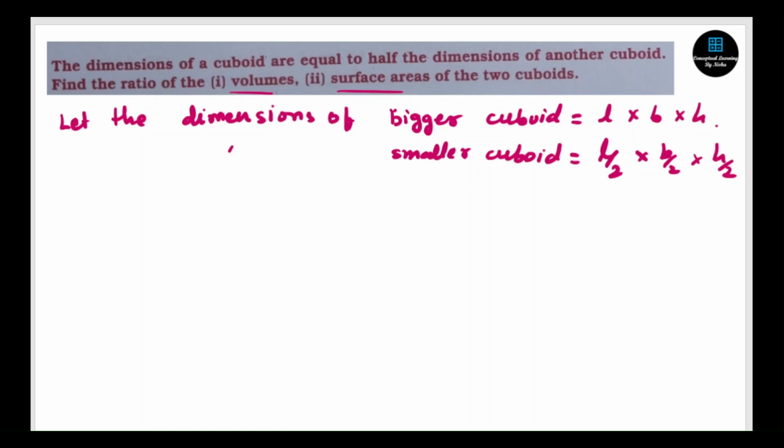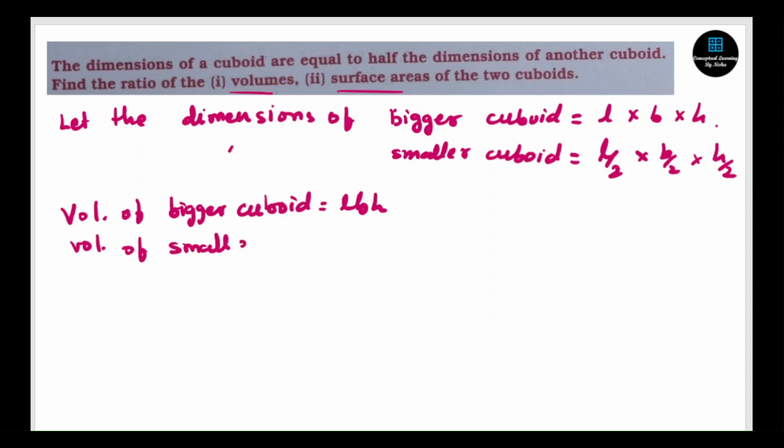Now volume. So the volume of the bigger cuboid equals LBH, and the volume of the smaller cuboid equals LBH over 8, and now we have to find the ratio.